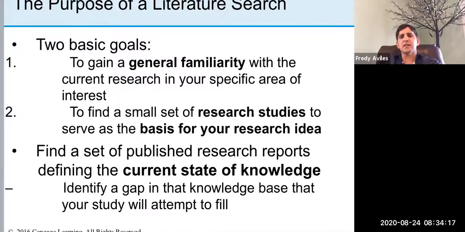And maybe you find that there is a lot of research out there, but it's done mostly, let's say, at the university level, at these prestigious schools, like UCLA or USC or something like that. And maybe you find that there's a gap, that there's not much research that looks at how depression affects community college students.